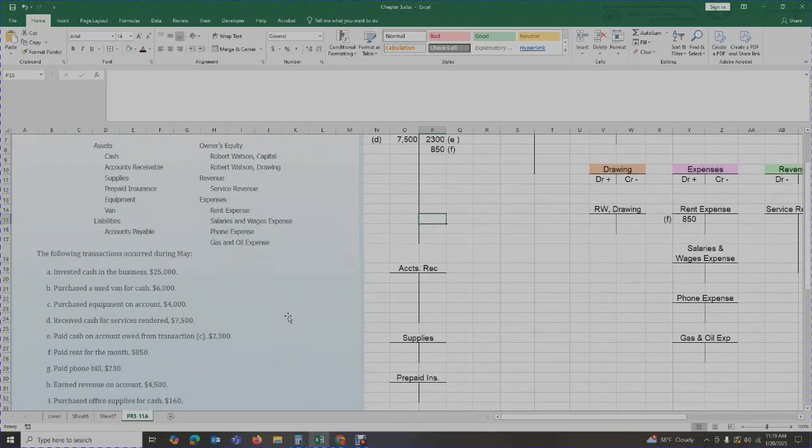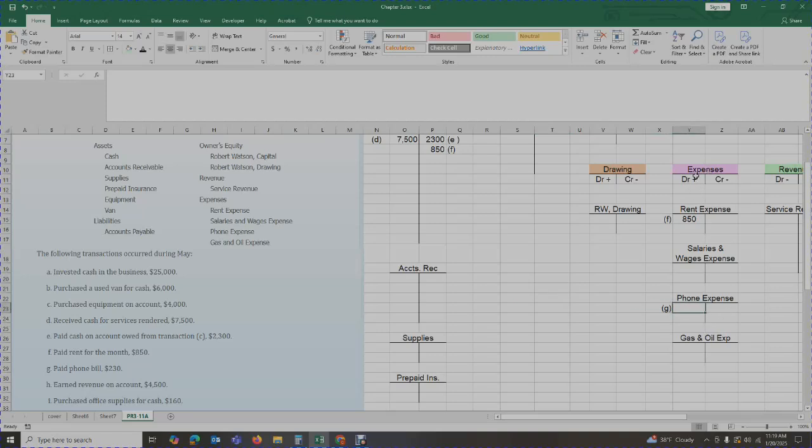Letter G. You paid the phone bill, $230. The same thing, it's just a different account. Phone bill is a phone expense. Okay, so this is letter G. E, F, G. Okay, so I paid the phone bill. Let me just move this over here. Okay, so I paid the phone bill for $230.